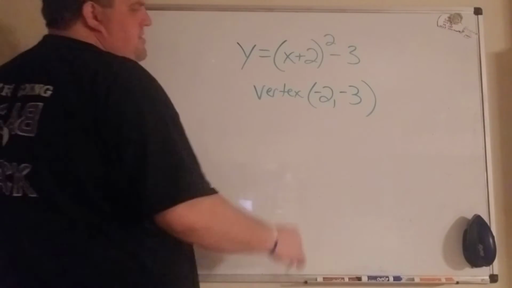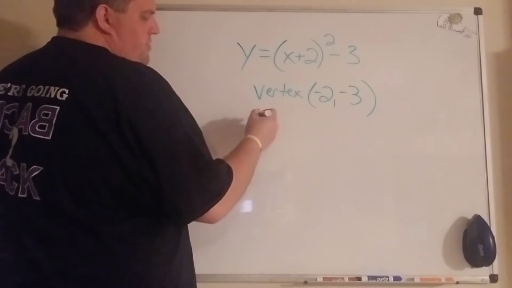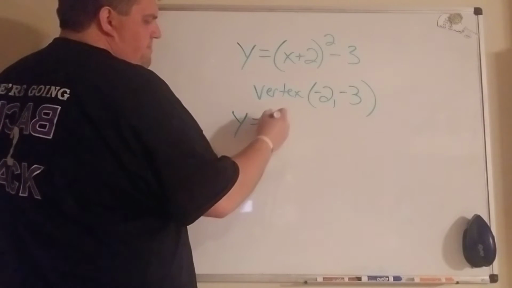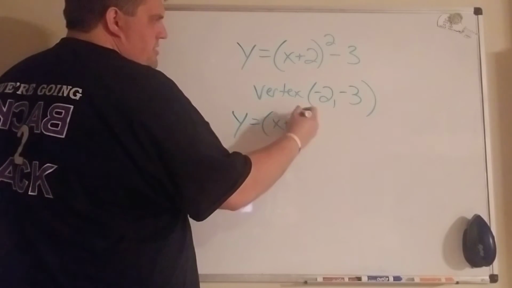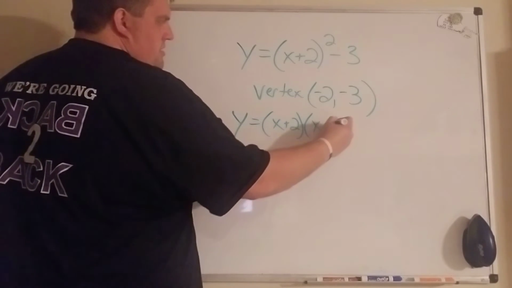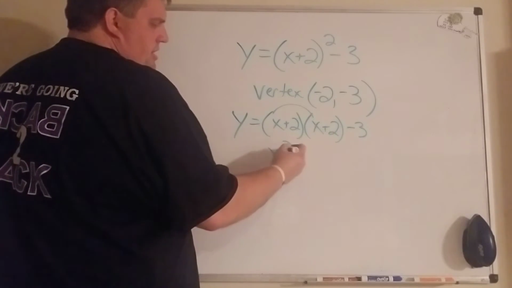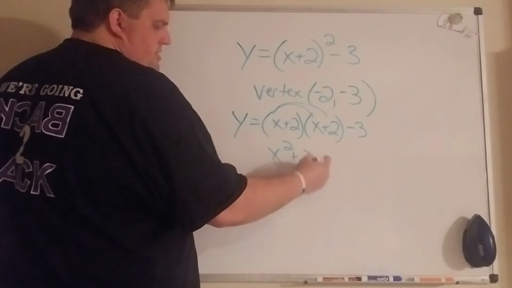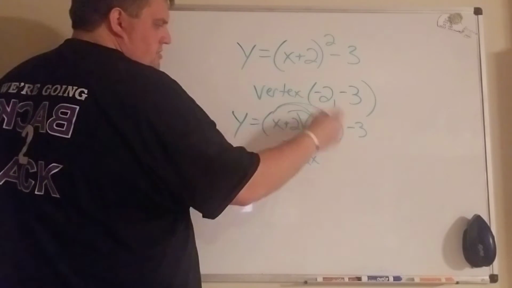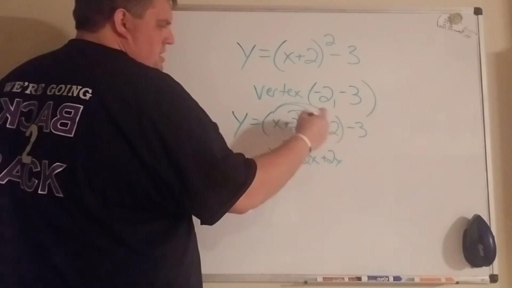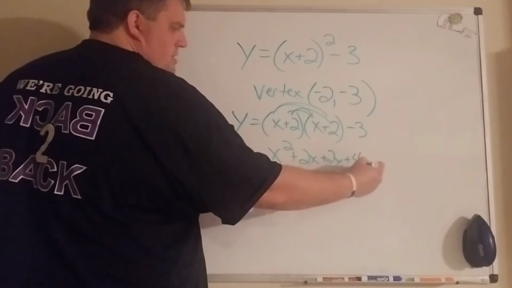Now the y-intercept is a lot easier in standard form, so we're going to turn this into standard form. So x plus 2 times x plus 2 minus 3. X times x is x squared. 2x, 2x, and 2 times 2 is 4.